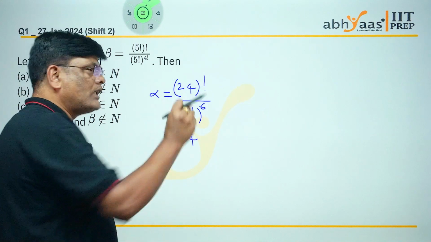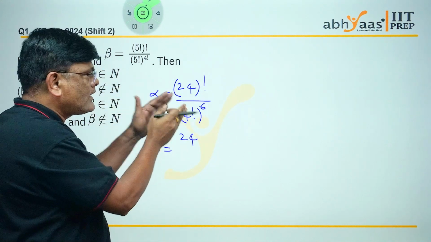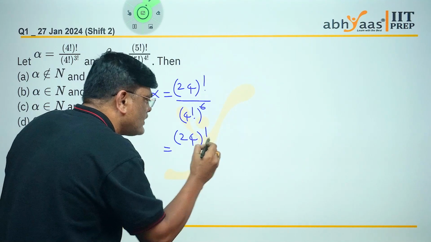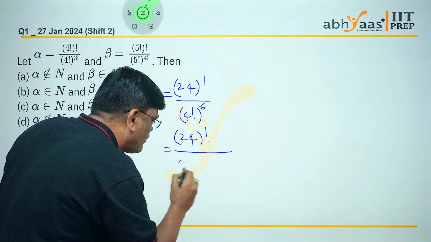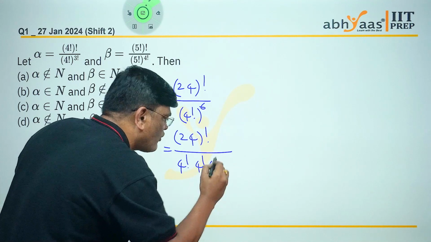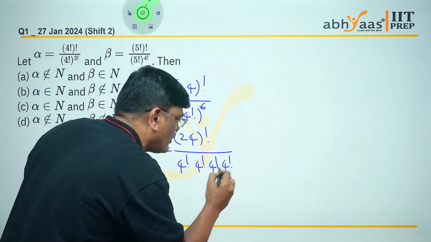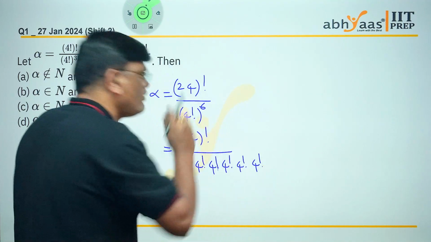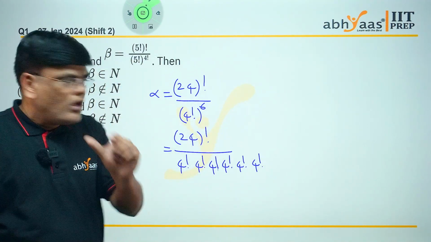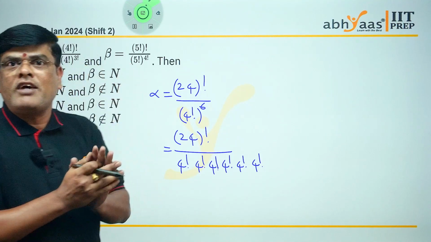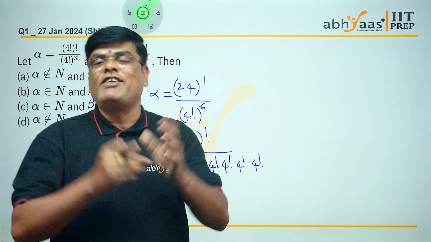But when we expand this denominator, 4 factorial whole power 6, I am writing this as 4 factorial into 4 factorial into 4 factorial into 4 factorial, 6 times. That is the meaning of whole power 6. Now, here we have one concept in division.